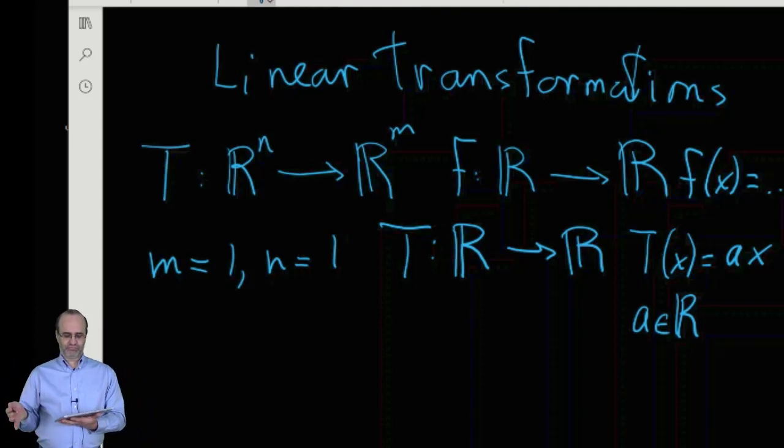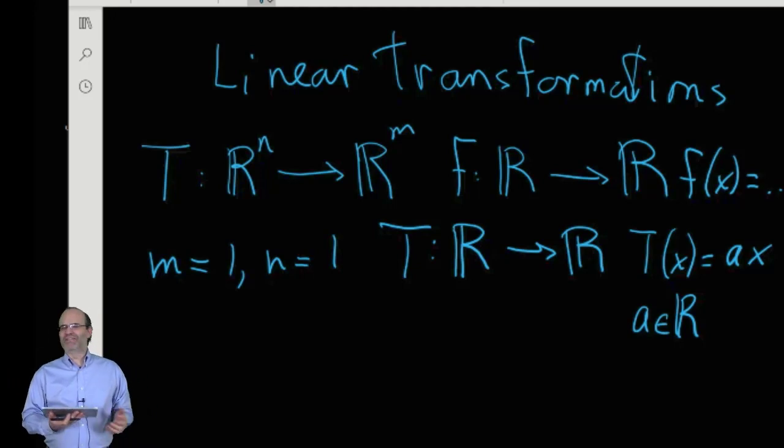So in this specific case, the linear transformations are the simplest functions you can find: T of x equals ax, or if you want, f of x equals ax. The graph of such a function is just a line that passes through the origin. So these functions are actually not very interesting from the point of view of calculus.